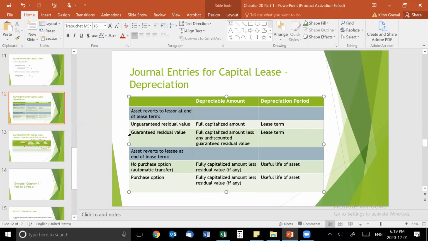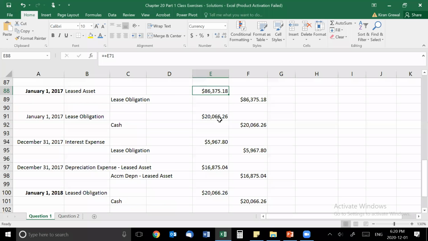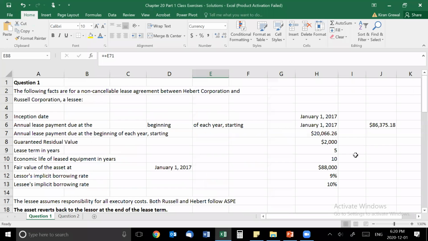And we do have a guaranteed residual value. So in this case, this is our situation. So we're going to take the capitalized amount minus any guaranteed residual value divided by the lease term. Okay, so you take your 86,375 minus our guaranteed residual value we had of 2,000, right?